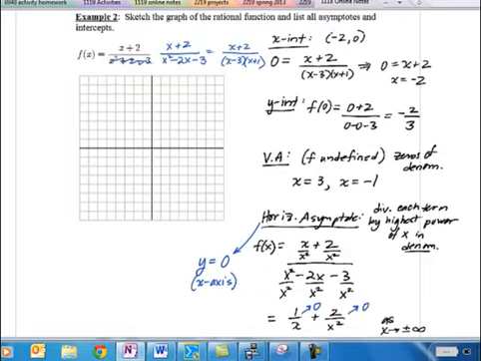Alright, so now we've got all the information we need. We know the x-intercept is negative 2, 0. We know there's a y-intercept of negative 2/3, so that's a point. There's a vertical asymptote at x equals 3. There's another vertical asymptote at x equals negative 1.